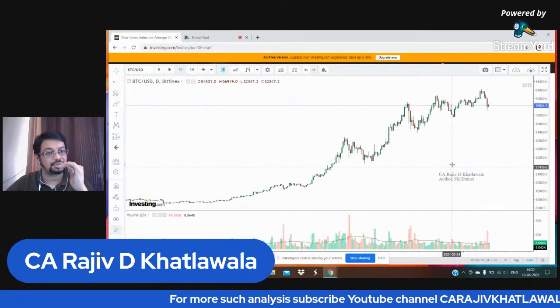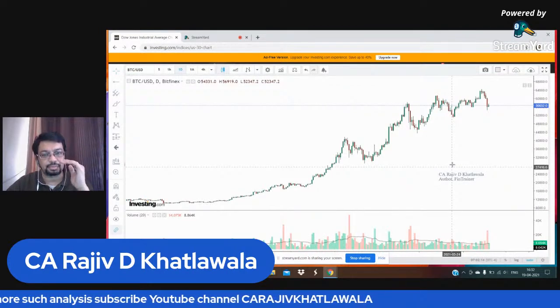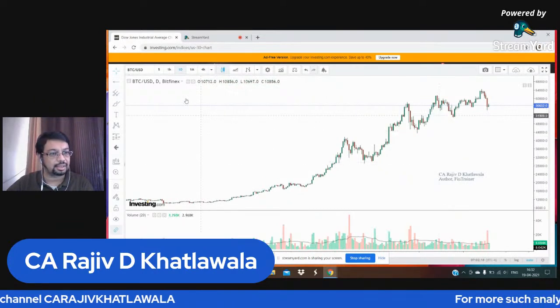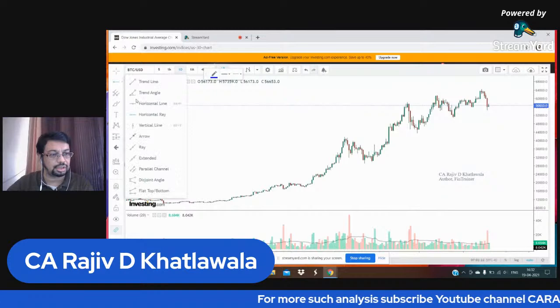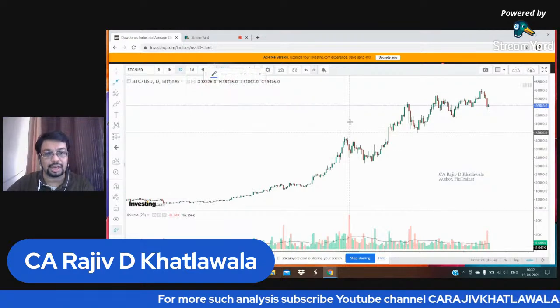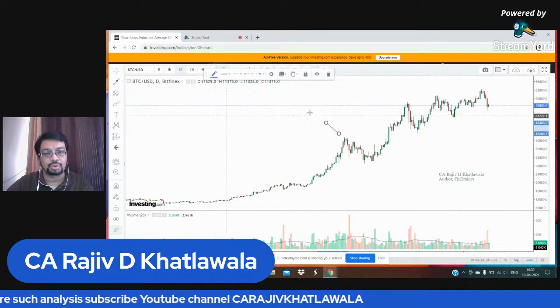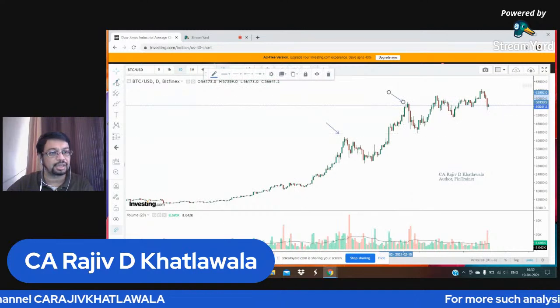Why? The technical definition of an uptrend is that the price must make a higher high formation and a higher low formation. As you can see here, Bitcoin has been making higher high formations. Initially it made a high here, thereafter the second high was made here.